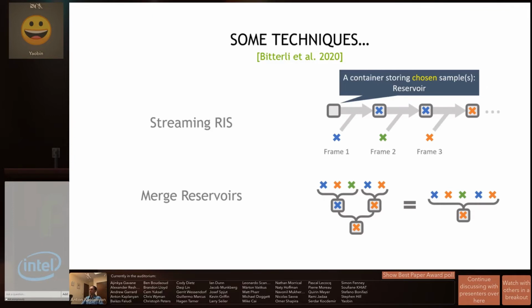Instead of accepting input all at once, the reservoir accepts some inputs every frame and outputs resampling results progressively. The second one is reservoir merge. Two reservoirs can be merged into one by choosing one sample randomly and updating the statistical information. This is equivalent to one reservoir accepting all inputs from the two.